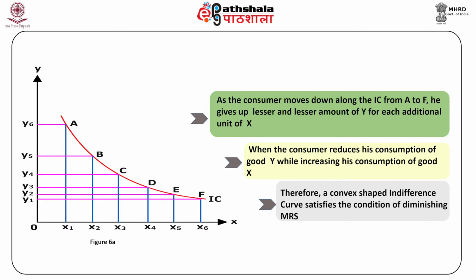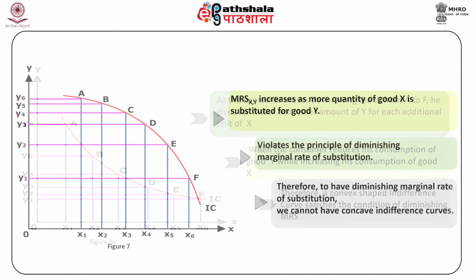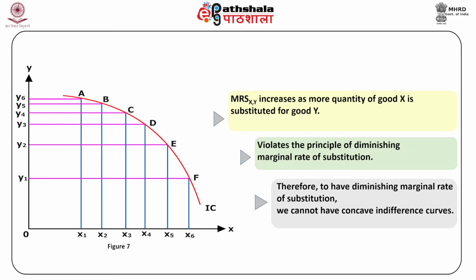Instead, if the indifference curve was concave, this would imply that the marginal rate of substitution increases as more and more units of X are substituted for Y. You can see figure 6. Figure 7 shows the concave indifference curve.